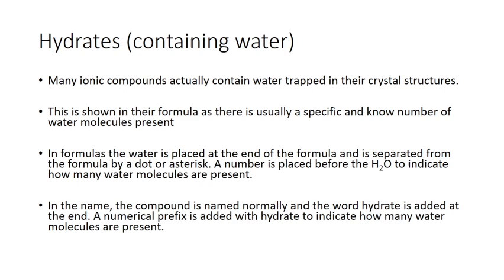This is the last one in this video, I promise, probably. Hydrates. So, many ionic compounds contain water trapped in their crystal lattice. So, it's shown in their formula, usually as a specific known number of water molecules present in the lattice. In formulas, the water is placed at the end, separate from the others.